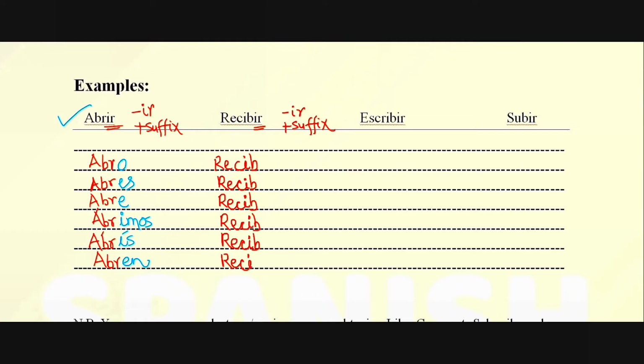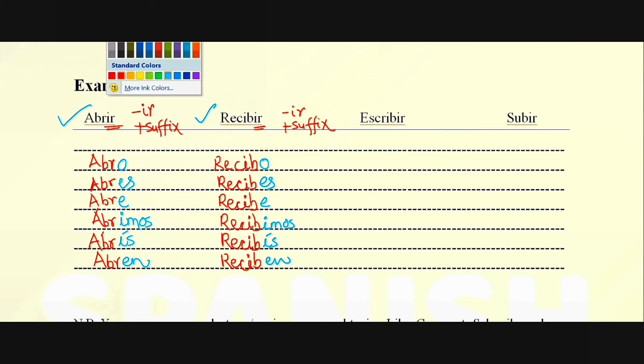Recib. And add O, es, a, emos, is with accent, en. Recibo, recibes, recibe, recibimos, recibís, reciben.